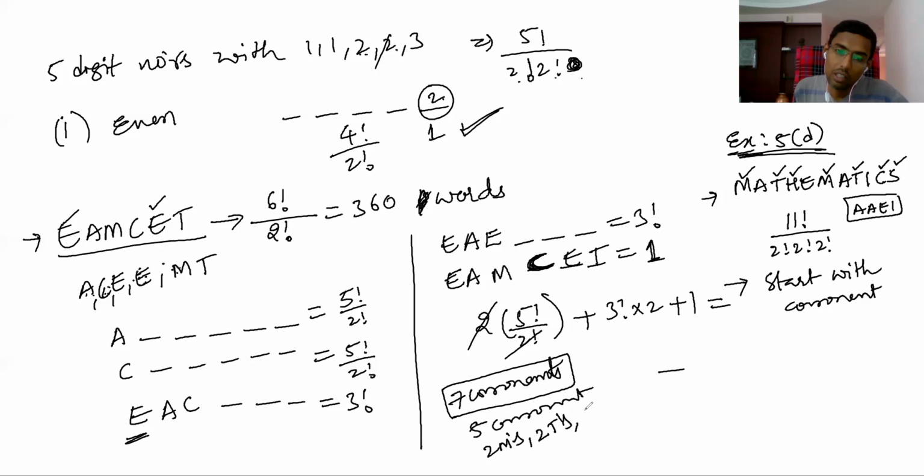So for starting with a consonant, I should arrange a consonant in the first place in 5 ways. And remaining 10 places are there. In 10 places, how many ways can you arrange? 5 into 10 places, how many objects do we have?